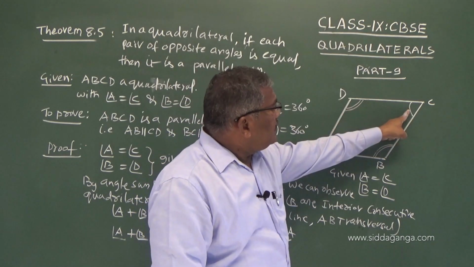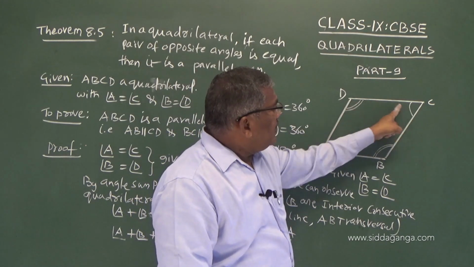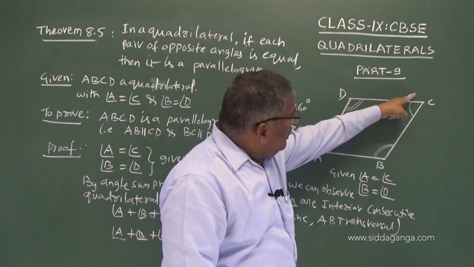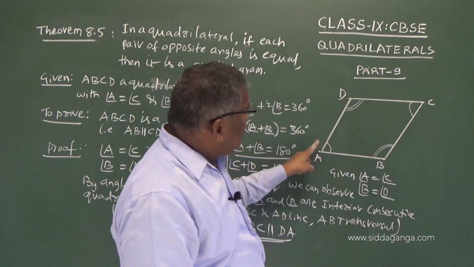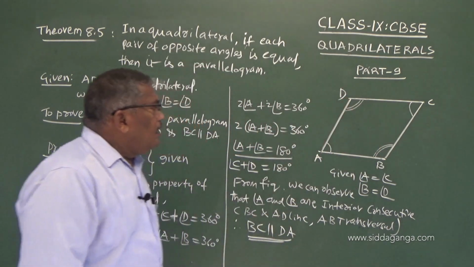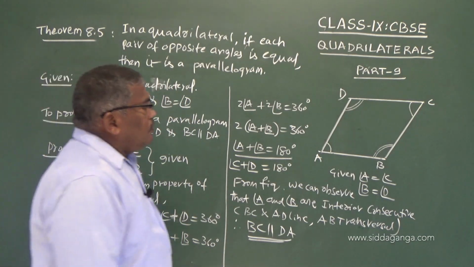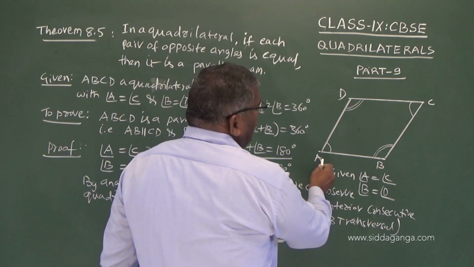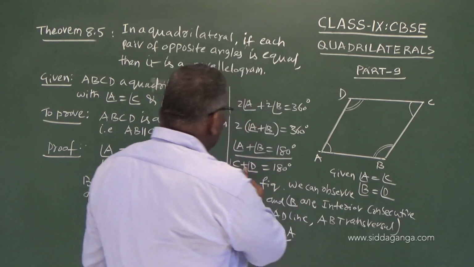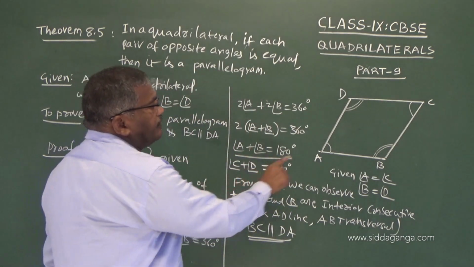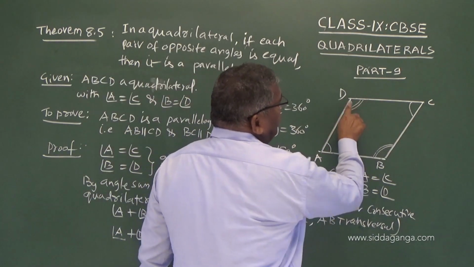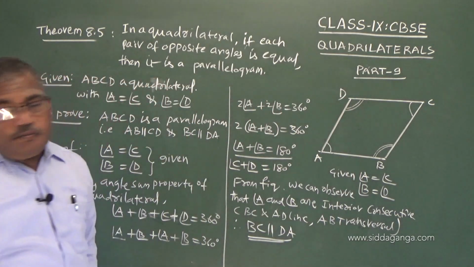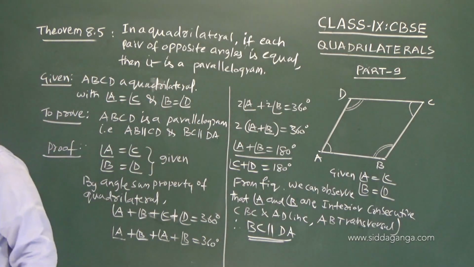With respect to DC, when these two are 180 degrees, BC is parallel to AD. At the same time, if we consider these two angles, C plus D, they become interior consecutive.